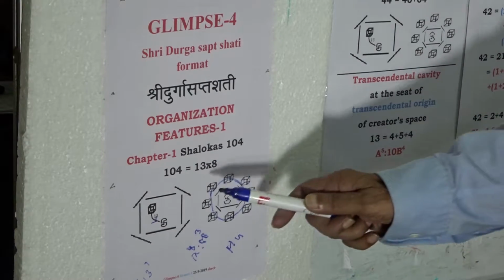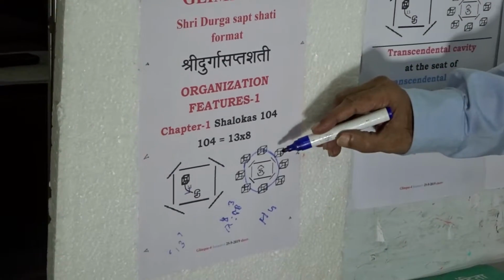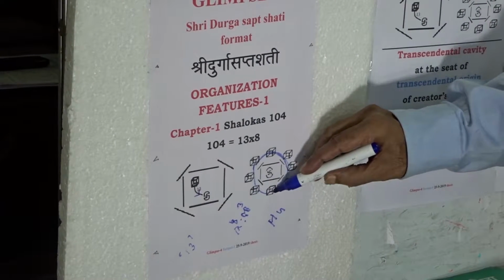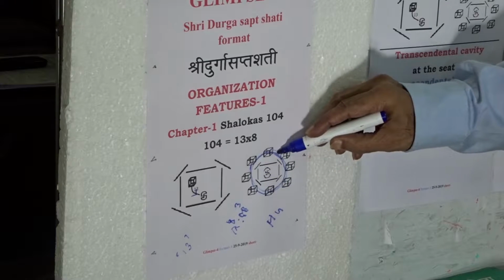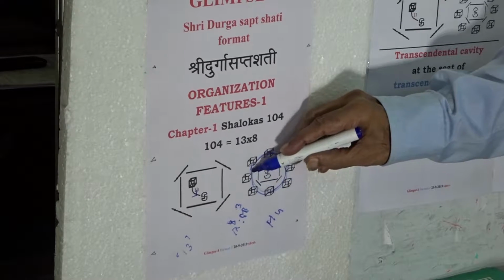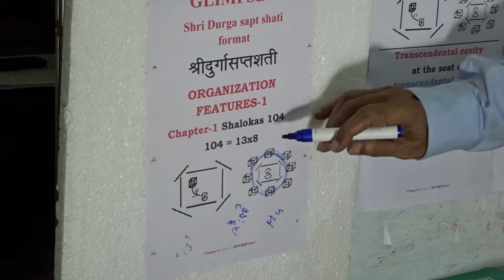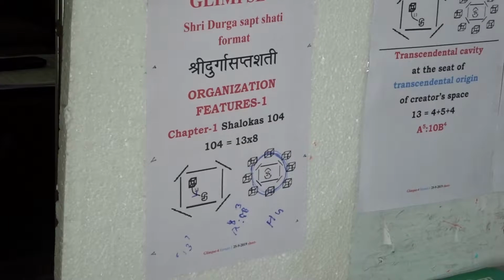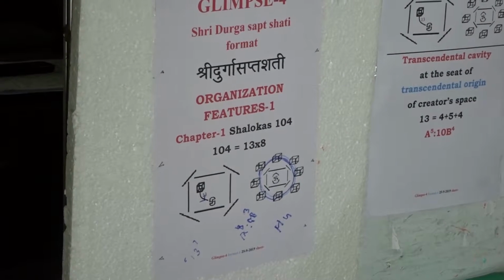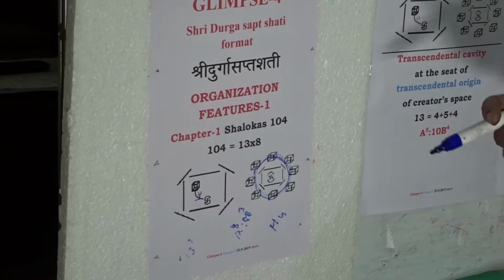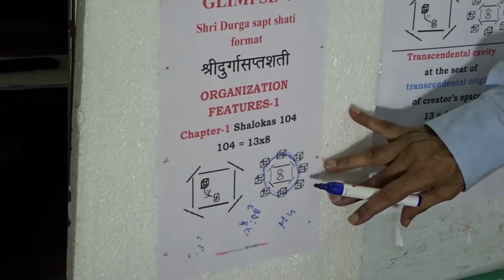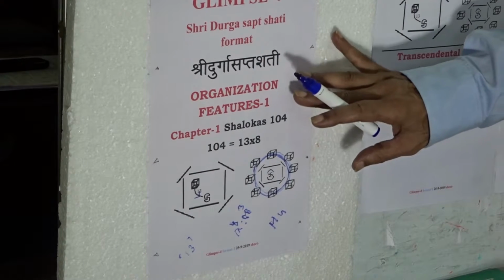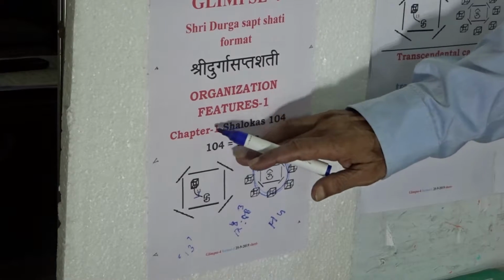As such, the 13 edged cube will be having an exhaustive coverage, a complete coverage, a full coverage for 4 space domain, as it is enveloped within a solid boundary of 8 components, and that way it will lead us to as many as 13 multiplied by 8 is equal to 104 coordinates or components or structural values. These 104 structural values become the basis of the organization features of chapter 1.